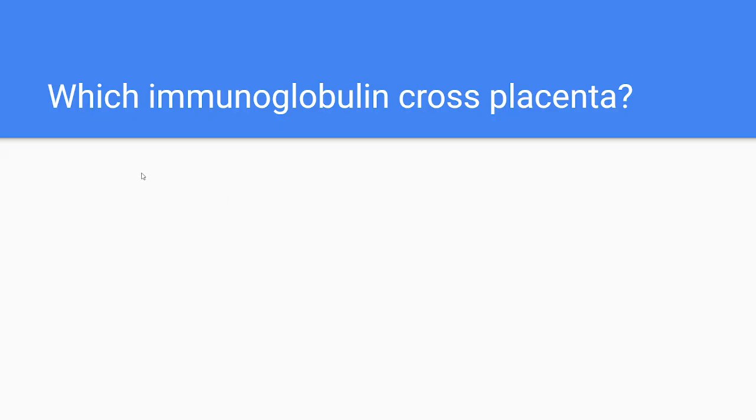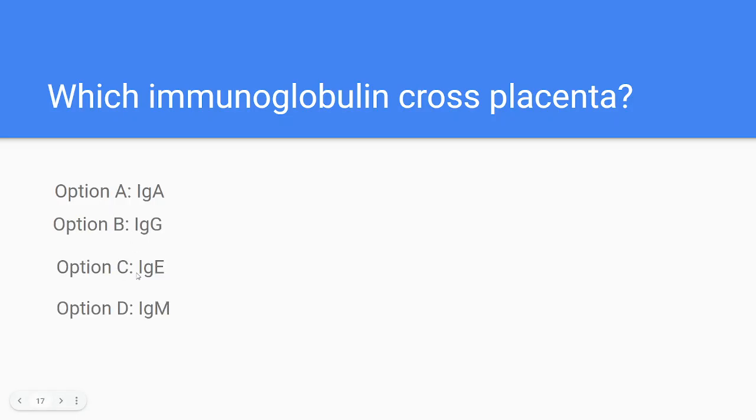Next one, which immunoglobulin crosses the placenta? Option A IgA, option B IgG, option C IgE, option D IgM. One question will be given compulsorily from this. Or it can be asked differently, like which immunoglobulin helps in showing hypersensitivity reaction, or which is the immunoglobulin found mostly in the saliva.